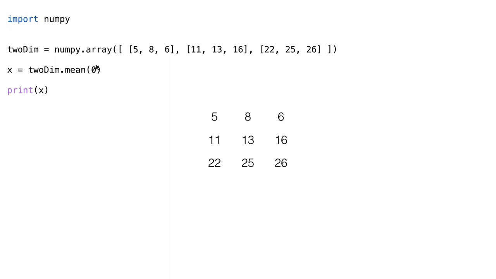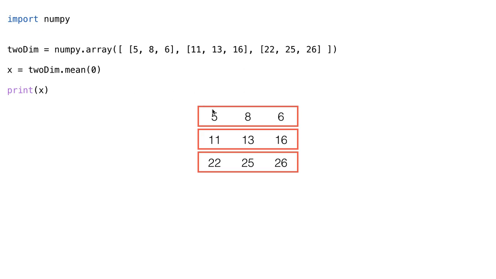Remember, this is a two-dimensional array, so there are really two different ways I could take the mean. I could take the mean across all of the rows, which is what the 0 does, or I could take the mean across all the columns. If I wanted a mean across all the columns, we'll look at that example later, but instead of the 0, I would have the 1 here. So dot mean 0 means I want to take an average across all of the rows.